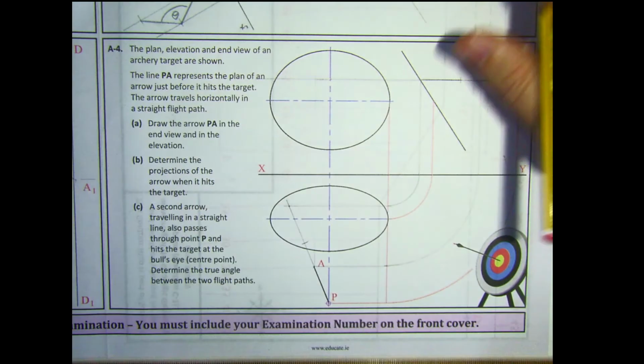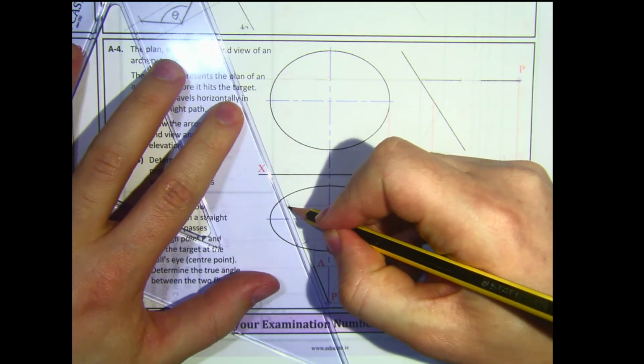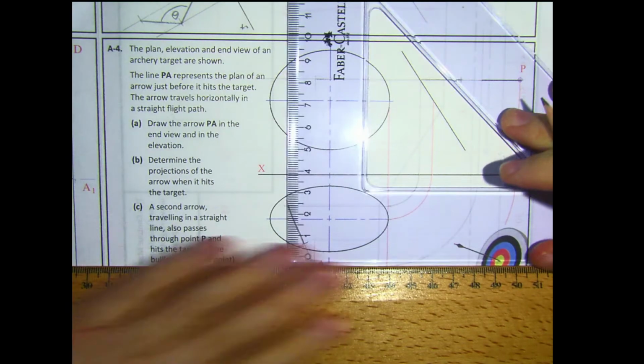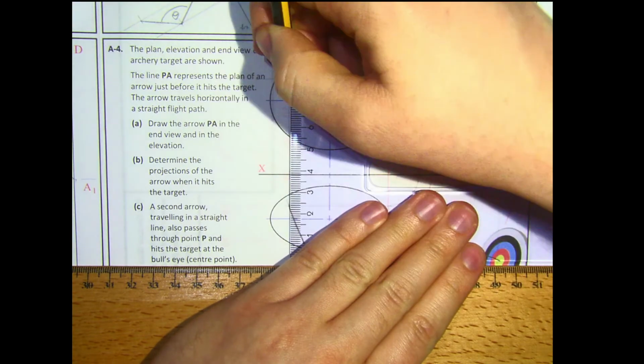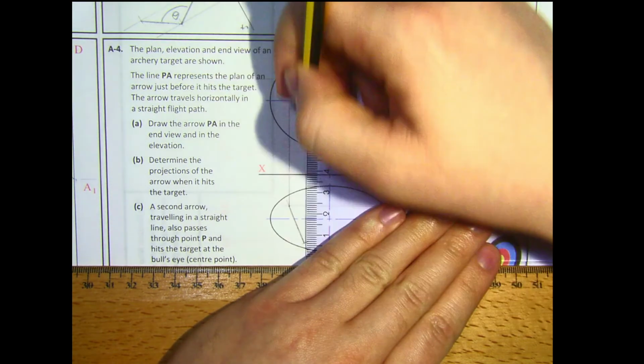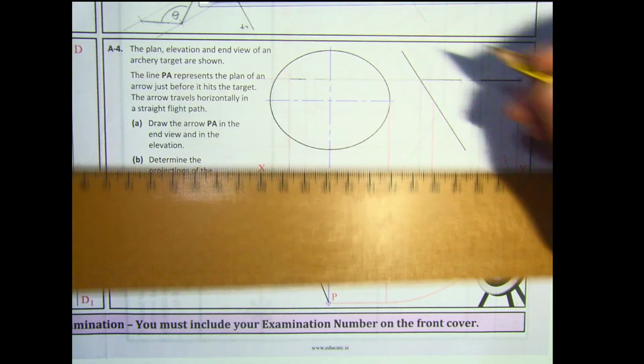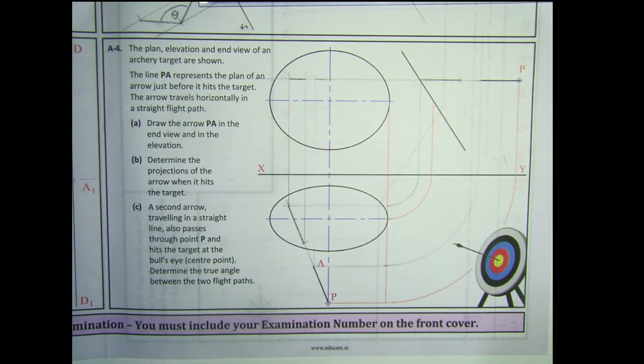So arrow in the end view, arrow in the plan, and finally arrow in the elevation. So that's part B of the question.